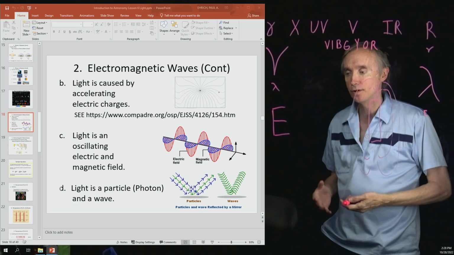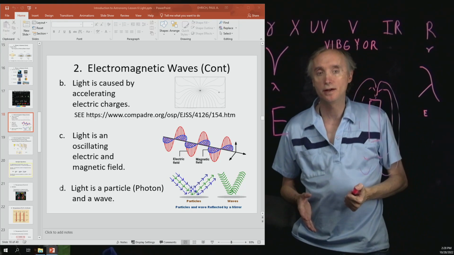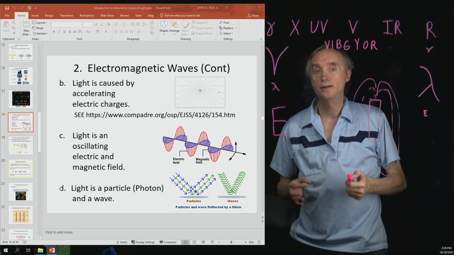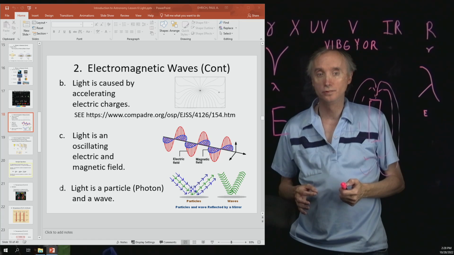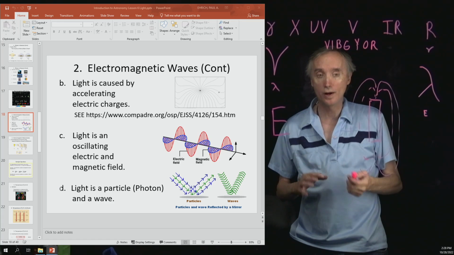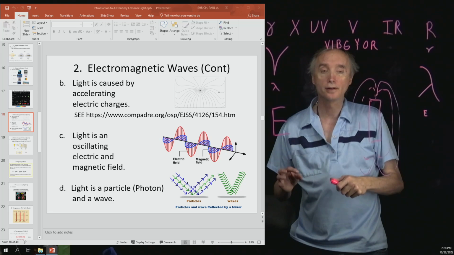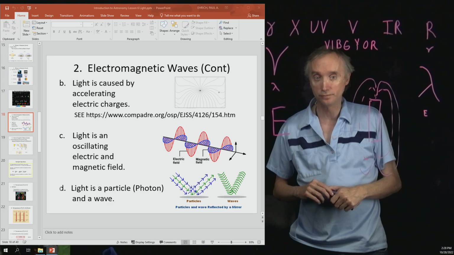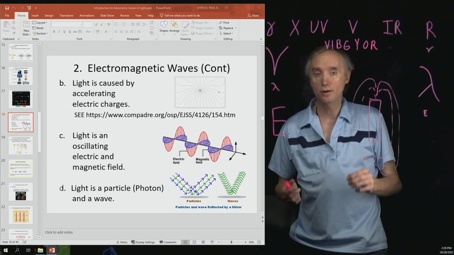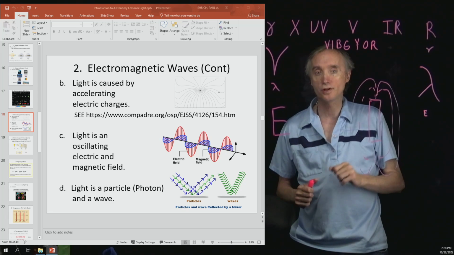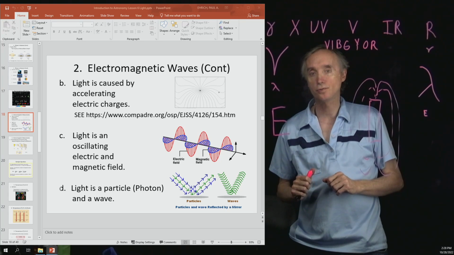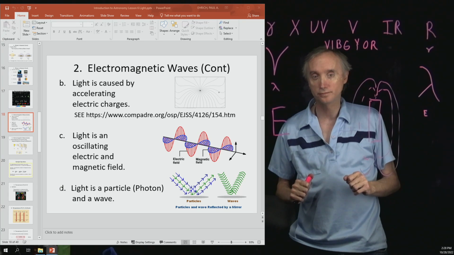Well, it was Albert Einstein in the early 1900s who showed that light was also a particle. Light behaves like a wave, and light behaves like a particle. And we call a particle of light a photon, as in photon torpedoes from Star Trek. I couldn't help myself.